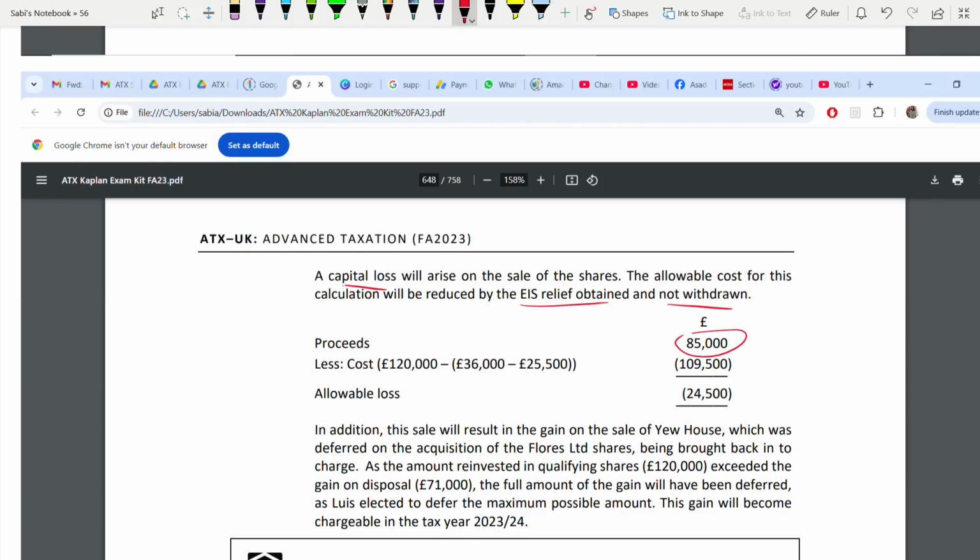You have bought it for 120,000. EIS relief was 36,000. Out of it, only this much is withdrawn. So whatever is not withdrawn is this: 36,000 minus 25,500. The difference is not withdrawn. So this not-withdrawn amount is deducted from the 120,000 cost and you get this as your loss. Your loss is reduced further.